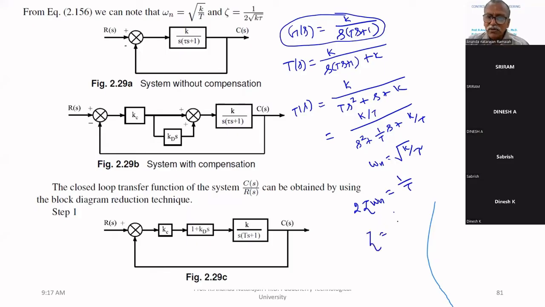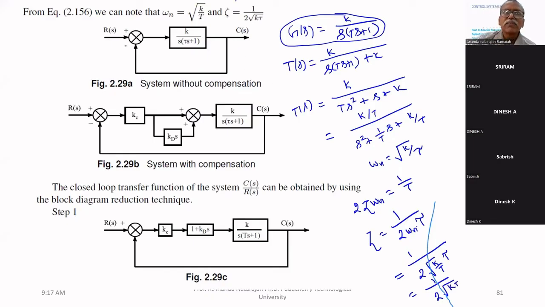Therefore, zeta equal to 1 by 2 omega n tau, which equals 1 by 2 times root K by tau multiplied by tau, that is 1 by 2 root K tau. Zeta equal to 1 by 2 root K tau.